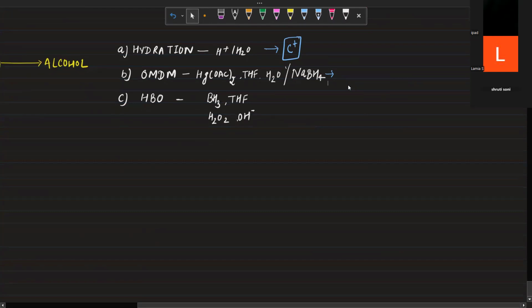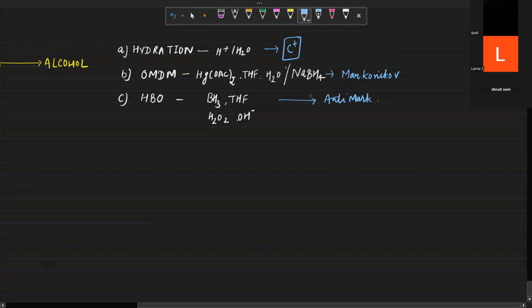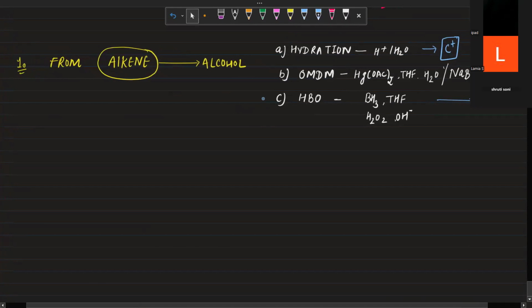Via which law, Markovnikov or anti-Markovnikov? Markovnikov. And in case of hydroboration, anti-Markovnikov. Okay.